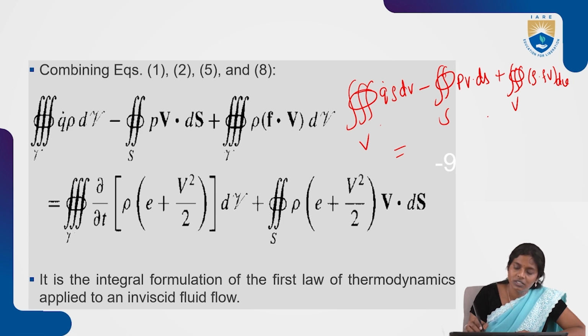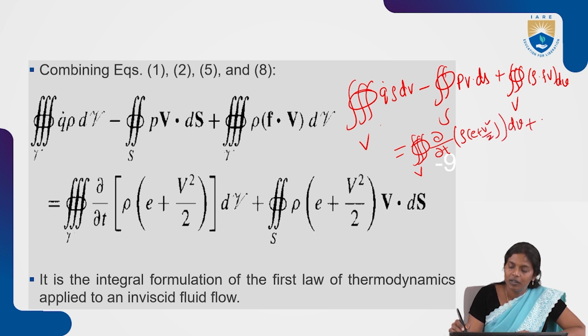Due to fluctuations, the volume integral of rho into e plus V square by 2 dV, plus the surface integral of rho into e plus V square by 2 into V dS. So this is nothing but the integral formulation of the first law of thermodynamics, as it is only applicable for inviscid fluid.